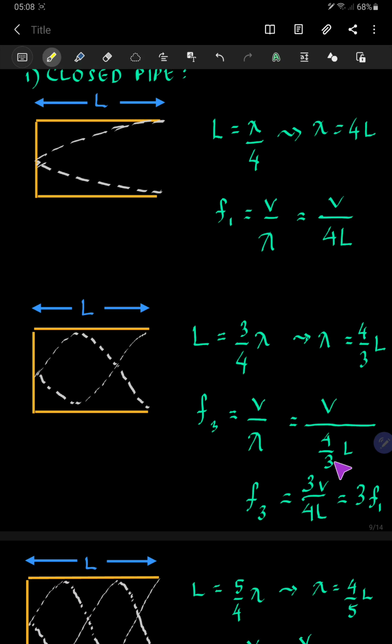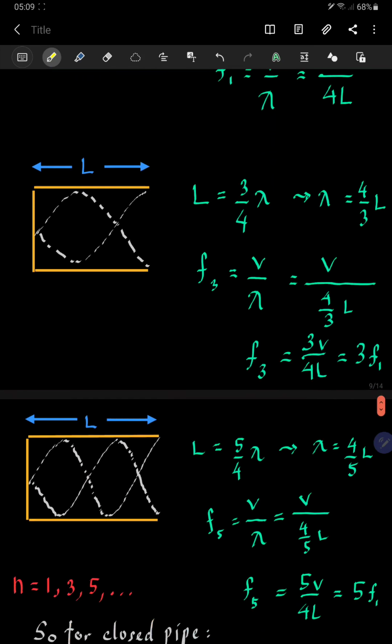By rearranging these equations, you will get F equals 3V over 4L, where V over 4L equals F1, isn't it? So F equals 3F1. So by having this, this is our N actually. Fn equals F3, because Fn equals NF1. So N now equals 3, so this is F3.